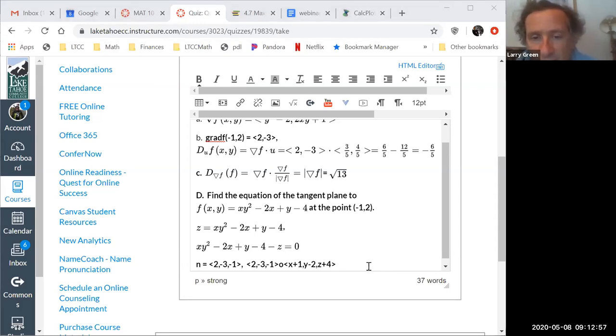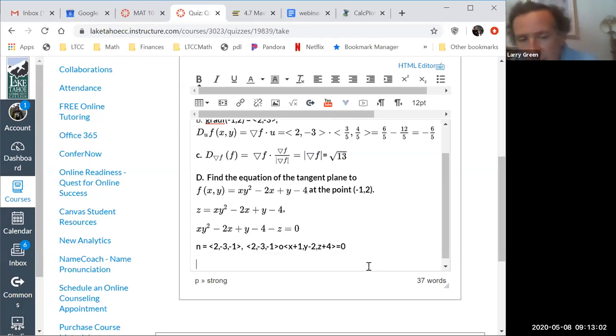Okay, and then that is equal to 0. And then the rest is basic dot product. So you get 2 times (x plus 1), and then plus or minus 3 times (y minus 2), and then minus (z plus 4) equals 0.